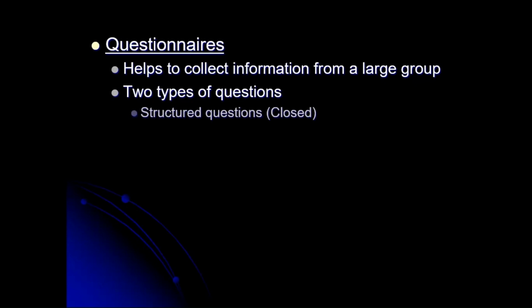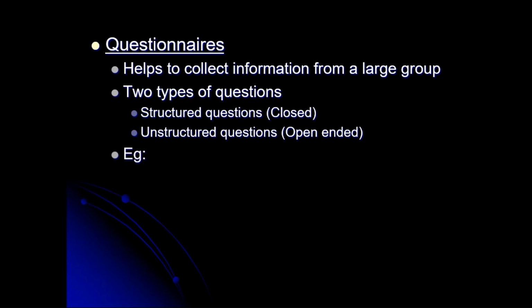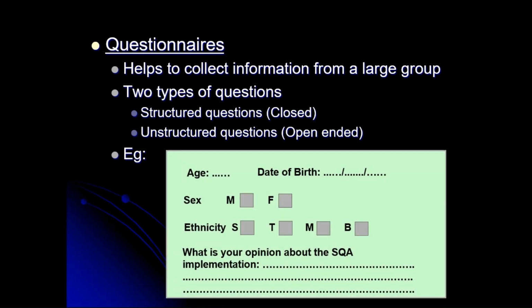The main advantage of the questionnaire method is that it helps to collect information from a large group. Within a questionnaire, you can have 2 types of questions: structured questions or closed-ended questions, and unstructured questions or open-ended questions. Let me show these 2 types with an example.